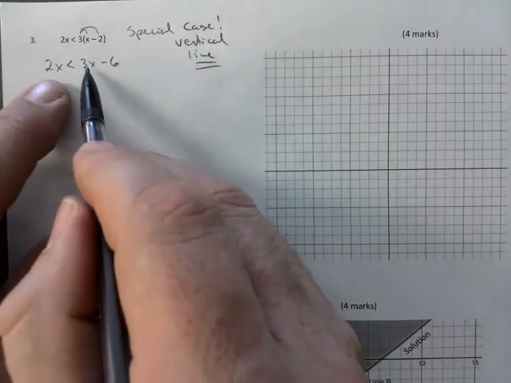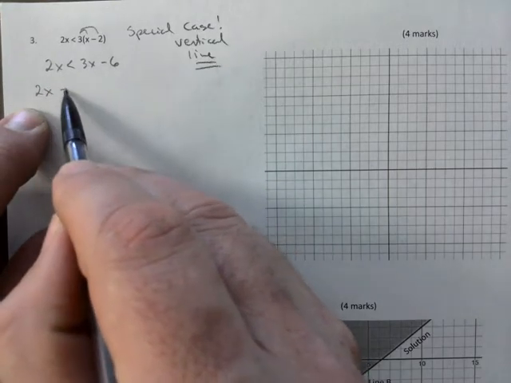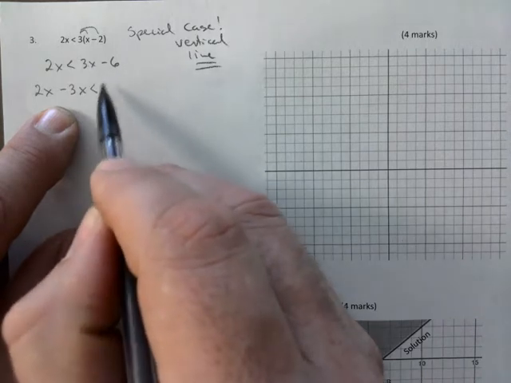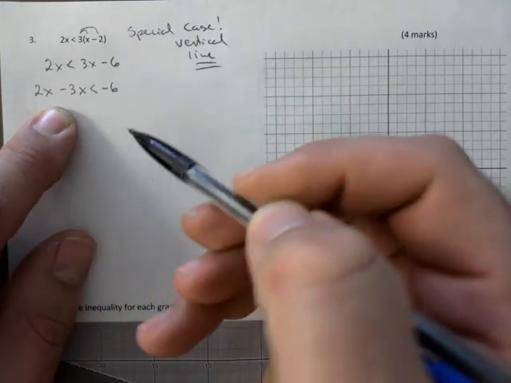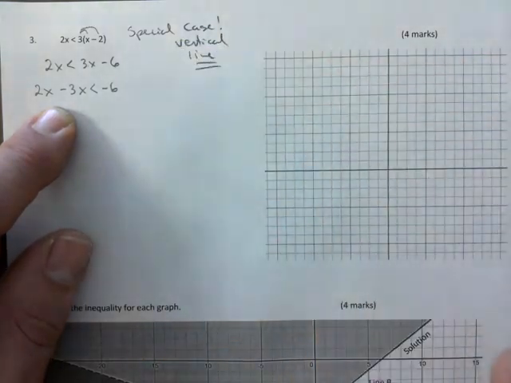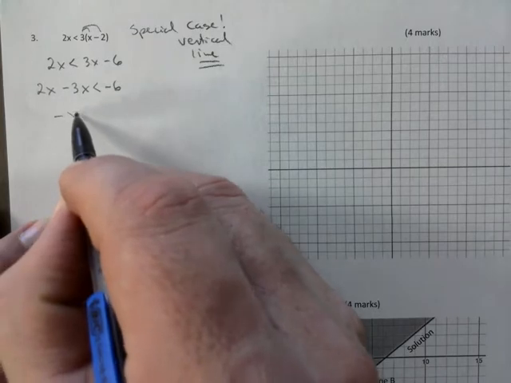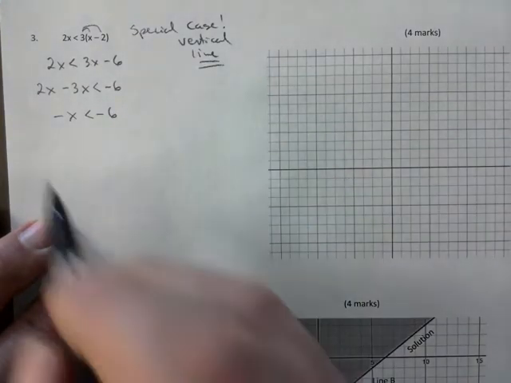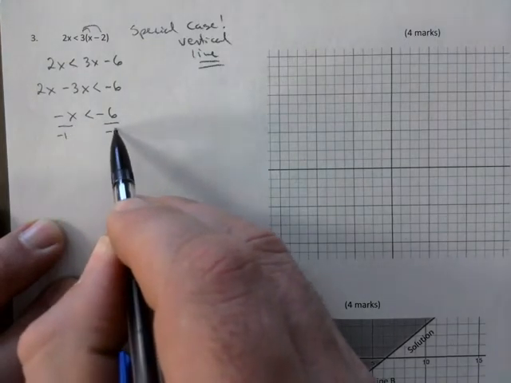So I'm going to bring all the variables over to this left side. So 2x minus 3x is less than, you're not flipping anything yet because you're not dividing or multiplying. Okay, you're just adding or subtracting. That's really what you're doing when you bring stuff over. So this is negative x is less than negative 6. And yes, here you're going to have to divide by negative.